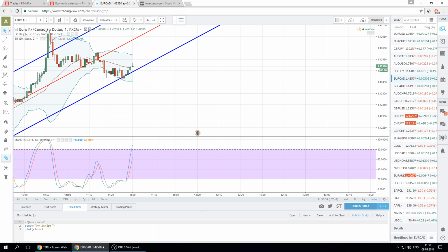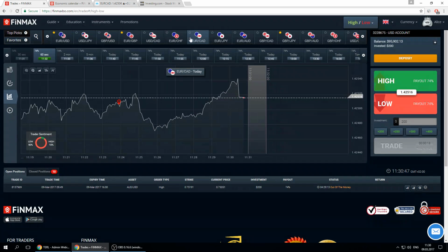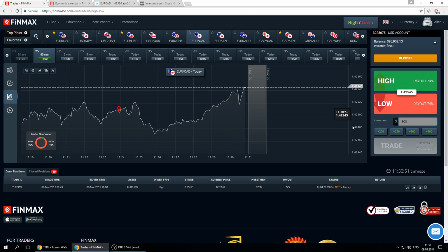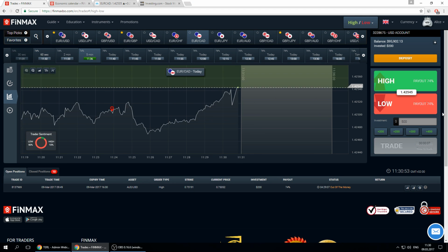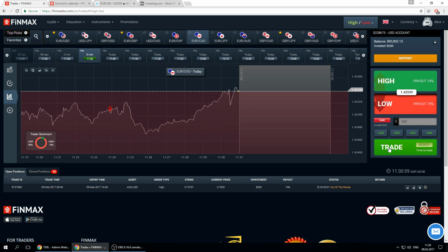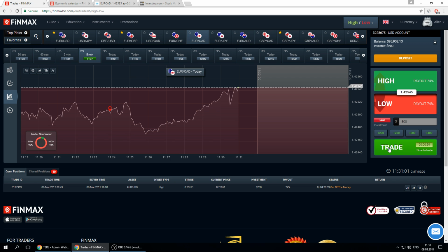For 5 minutes, that's not enough to open it, too much to open the trade for euro for up. But for 1 minute, that can expire in the money. So I will open the trade with the coefficient 2.5 for Euro Canadian for low, in order to cover the previous trade that I had. Euro Canadian 5 minutes low. Okay.